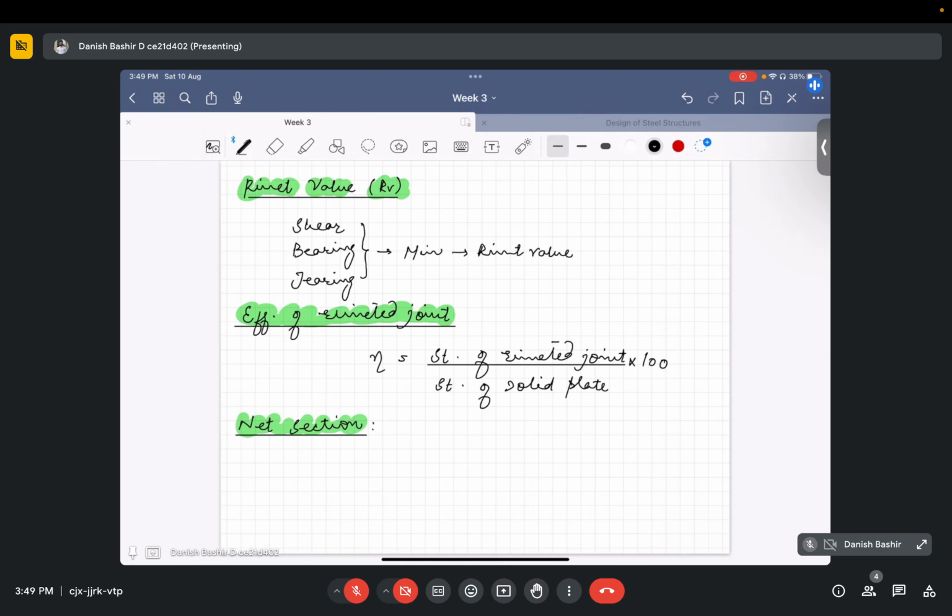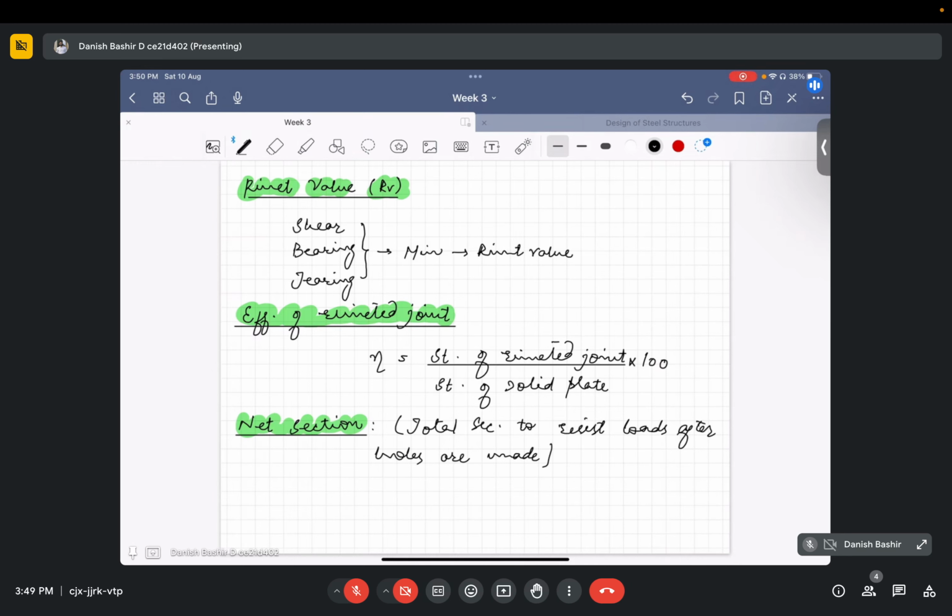So the total section to resist loads after holes are made is known as net section.